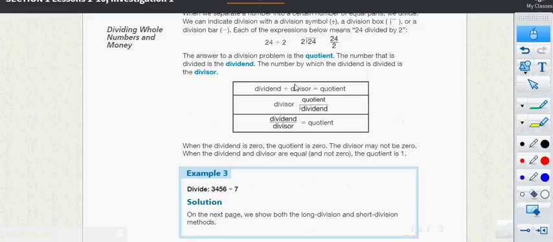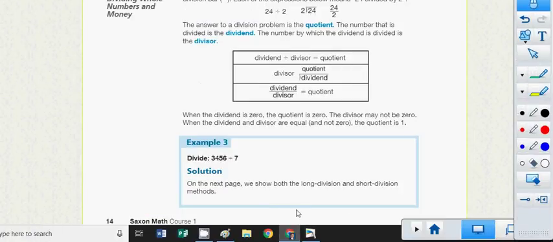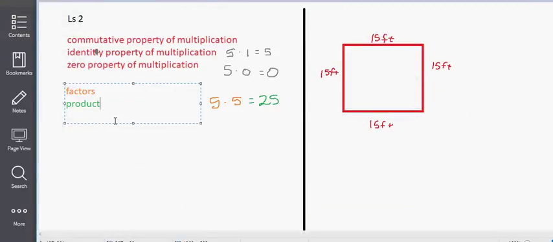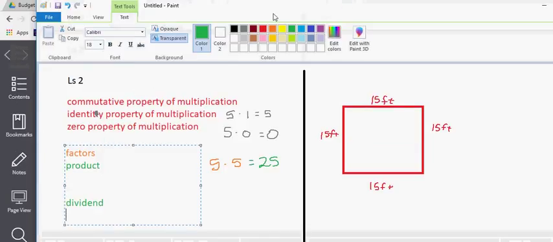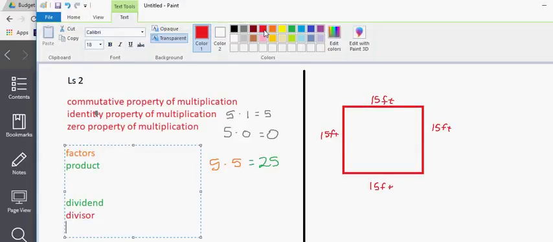Last, with dividing here, in division, I love this right here. They show you the different ways we can see division, and what are the terms for a division problem? Dividend, divisor, and quotient.